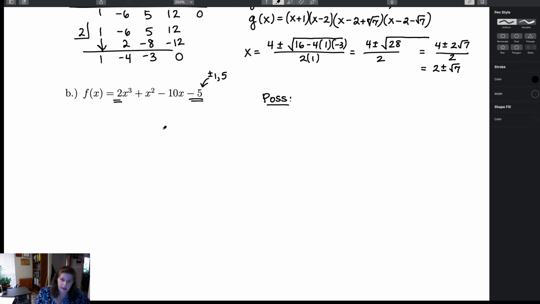Always positive and negative. 2, 1 and 2. Positive and negative. So all combinations of that mean that I have positive and negative 1 over 1, which gives me 1. Positive and negative 1 over 2. Positive and negative 1 over 5. I'm sorry, 5. and 5 over 2. This number goes on the top.